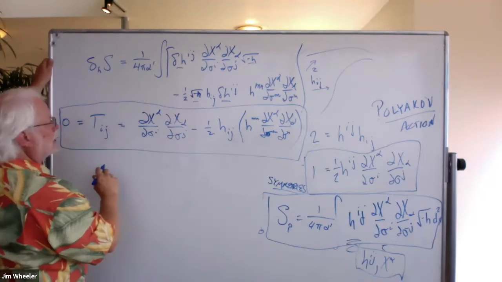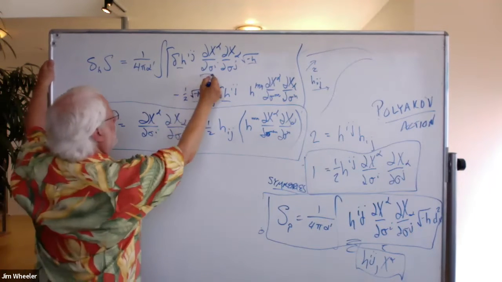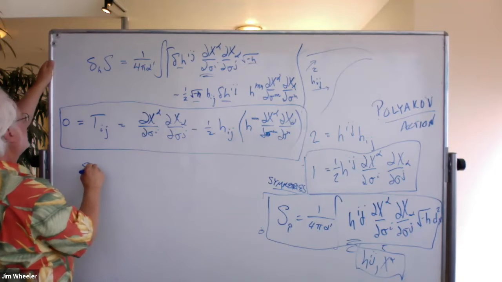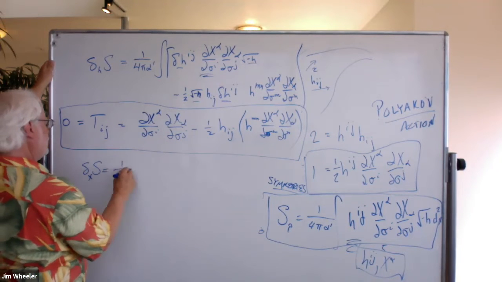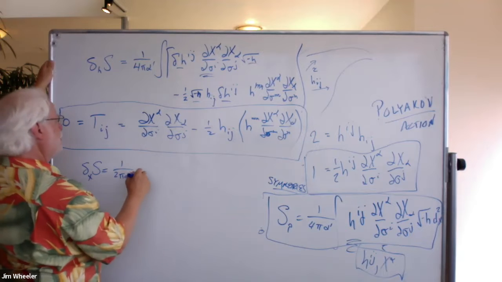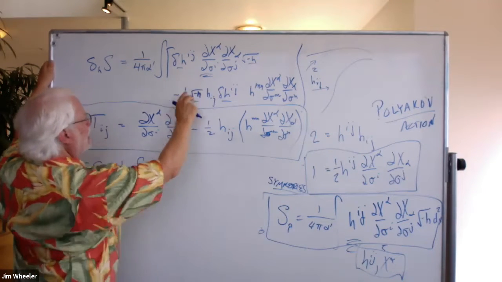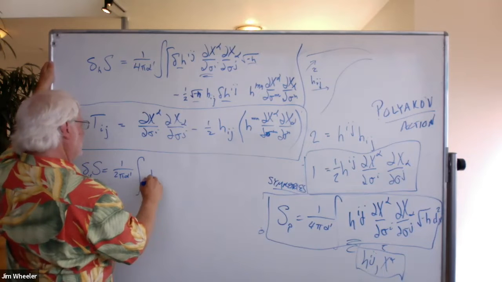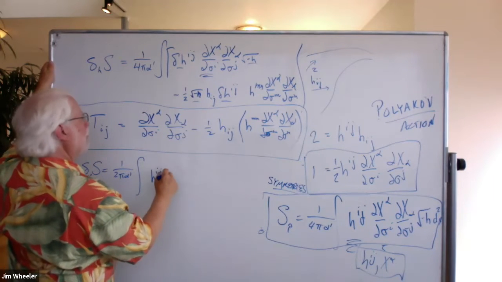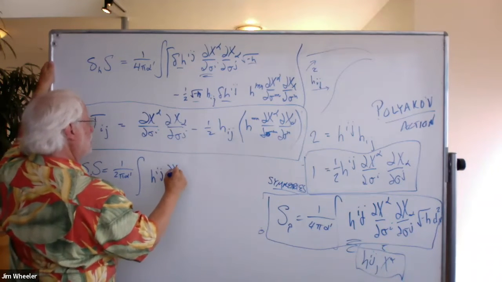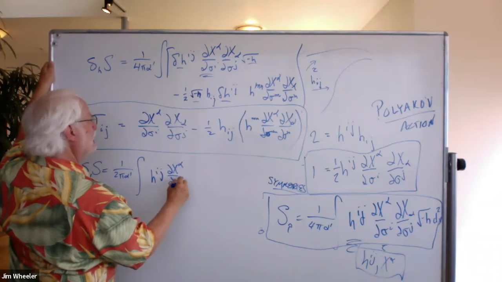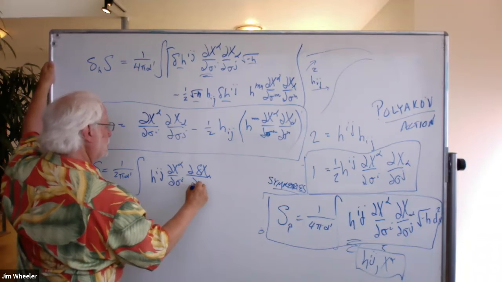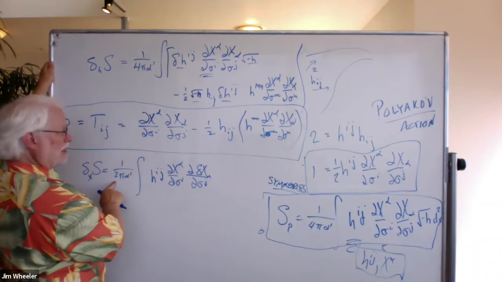But first, let's find the other field equation. I'm going to vary x. It's going to give me a 2 over alpha prime, and I'm just going to get 2 of the same factor because this is symmetric. So we'll have h^ij, partial x^alpha partial sigma^i times partial x^alpha partial sigma^j. We just get 2 of those. That's why the 2 here.